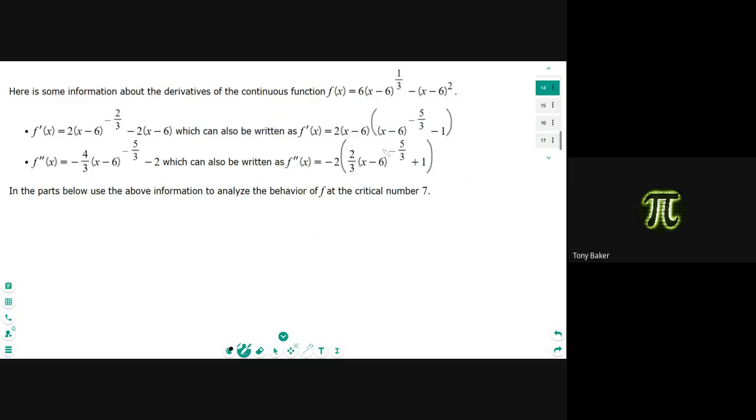So, actually, I'm going to use this one. Maybe this one's actually easier. One to any power is 1. So that's 2 minus 2, which is 0.